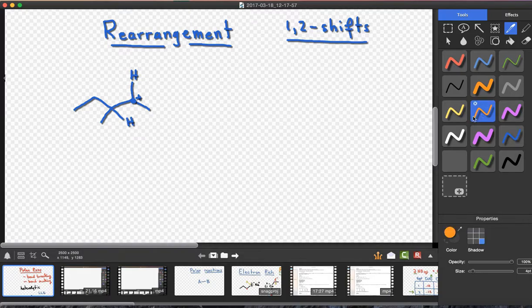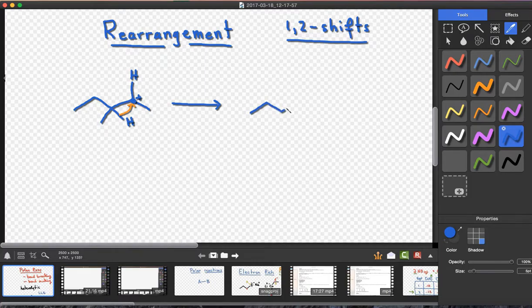So when we look at this particular example, a 1-2 hydride shift, so hydrogen and its electrons rearranges to the adjacent carbon. This also is going to result in the movement of the charge from its current location to the carbon to where that shifted hydrogen was formerly attached.